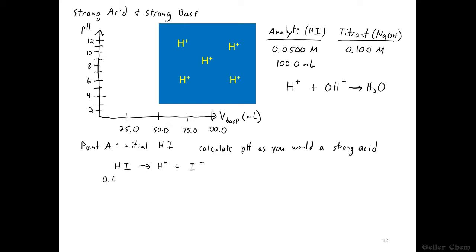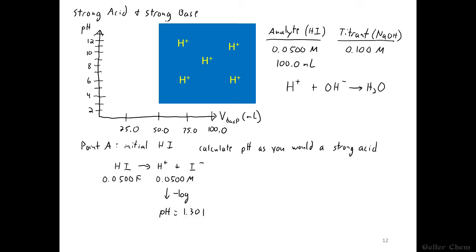We have 0.0500 of this to start with, concentration-wise, and we'll use that formal concentration symbol to indicate that none of it remains intact, and we end up with 0.0500 molar of protons, which we just take the negative log of, and we get pH equals 1.301. 3 sig figs in the concentration, so 3 sig figs in the pH, remembering that only numbers to the right of the decimal point count after we take a log.